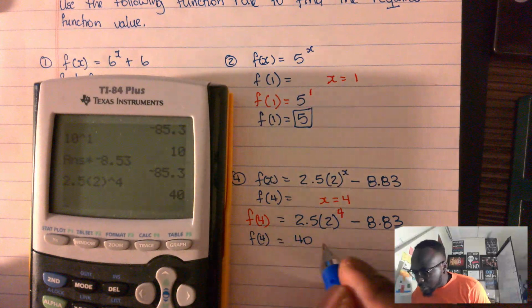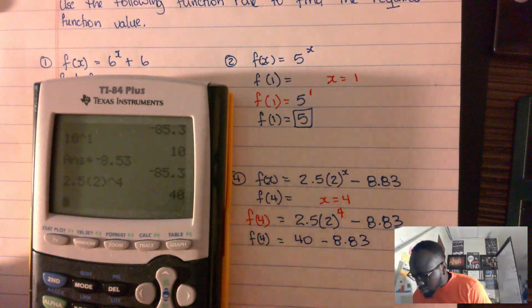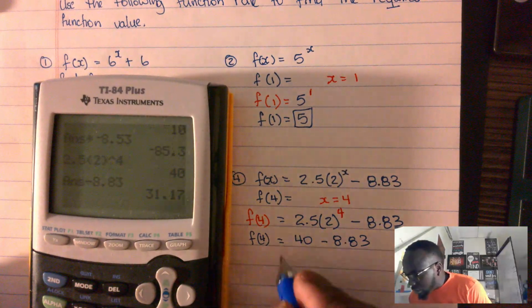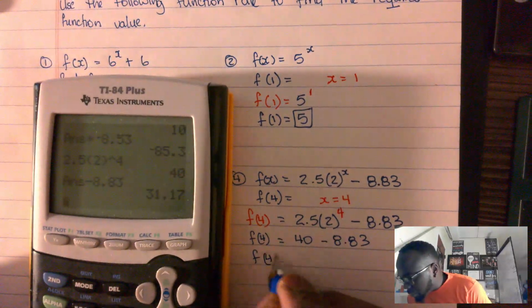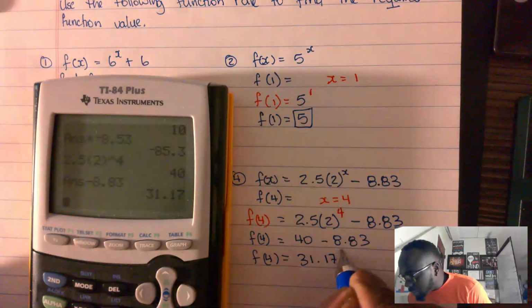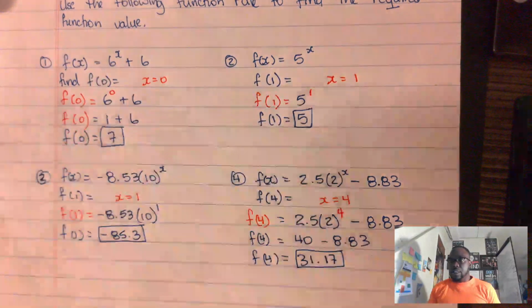That's how you get that. Minus 8.83. So 40 minus 8.83 gives f of 4 is equal to 31.17.